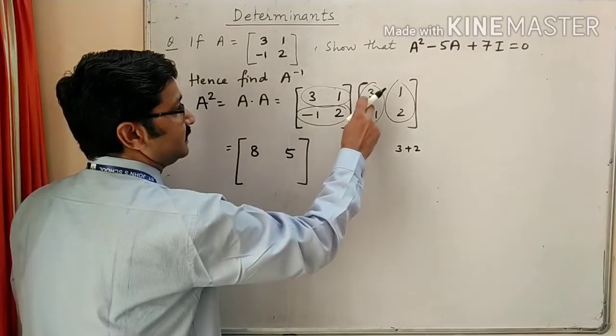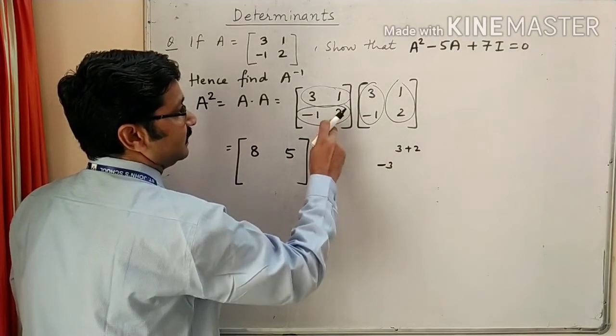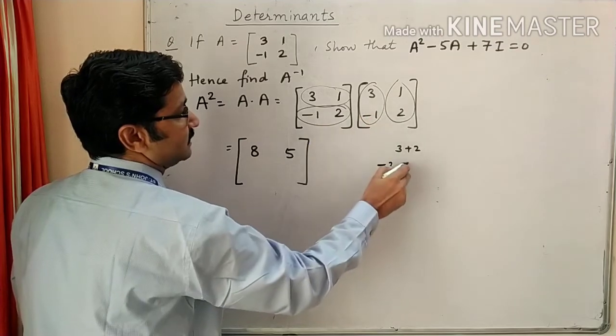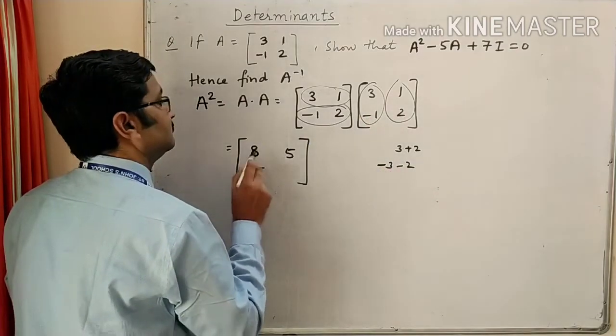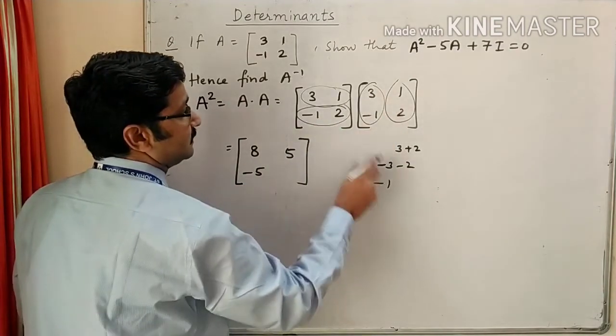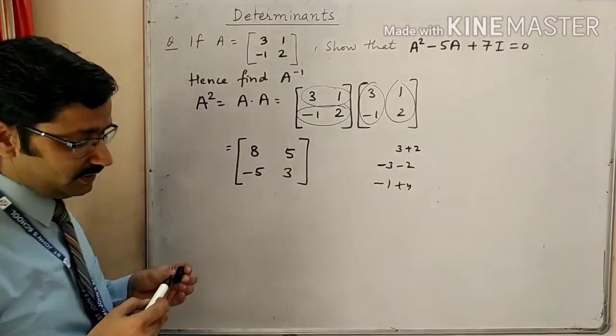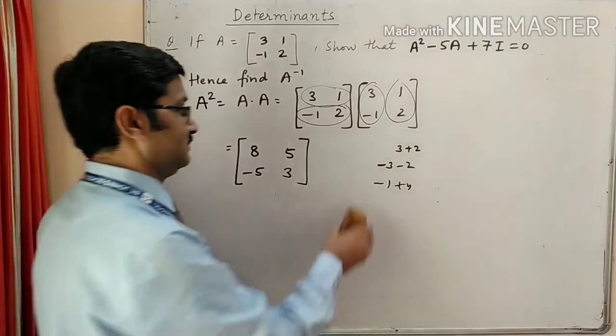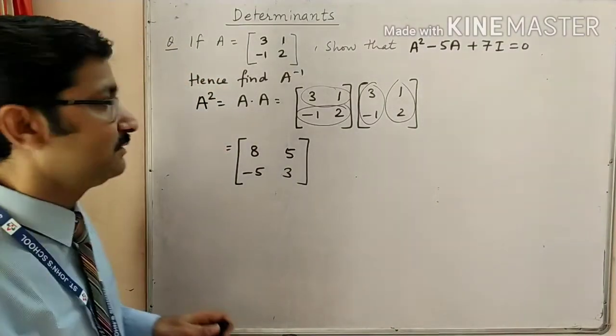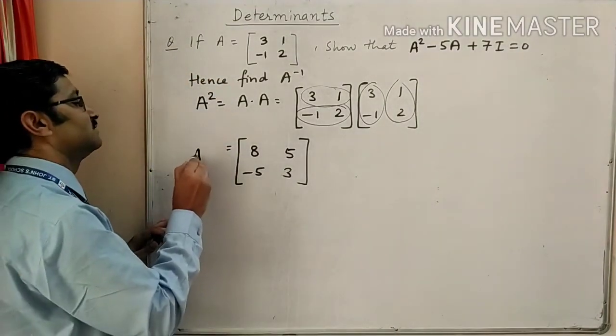Next is minus 1 times 3 is minus 3 and 2 times minus 1 is minus 2, that is minus 5. Minus 1 times 1 is minus 1 and 2 times 2 is 4, so 4 minus 1 is 3. So it is very simple to find A square. Here you get A square.